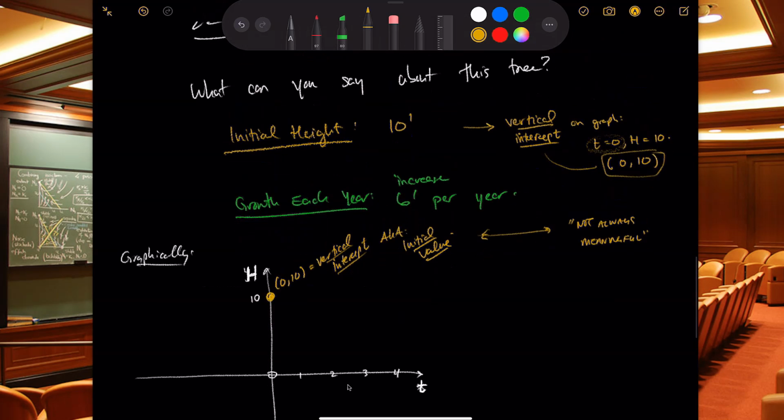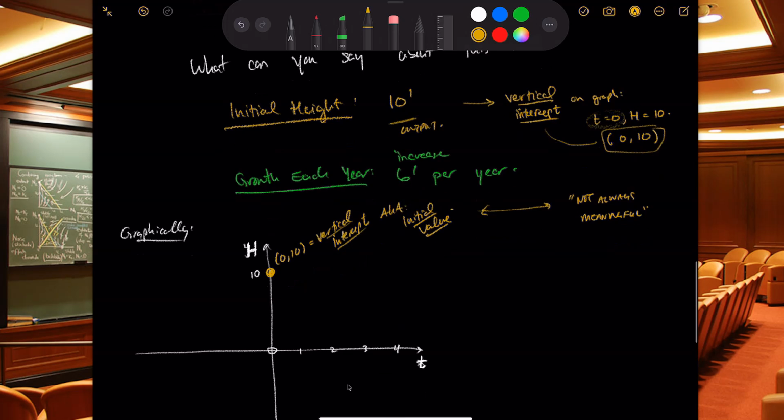But in general, it's the initial height, it's that output value, and it's a point on the vertical axis, on the h-axis. And the growth each year tells us we have an increase of 6 feet per year. So I'm going to move this stuff out of the way here.